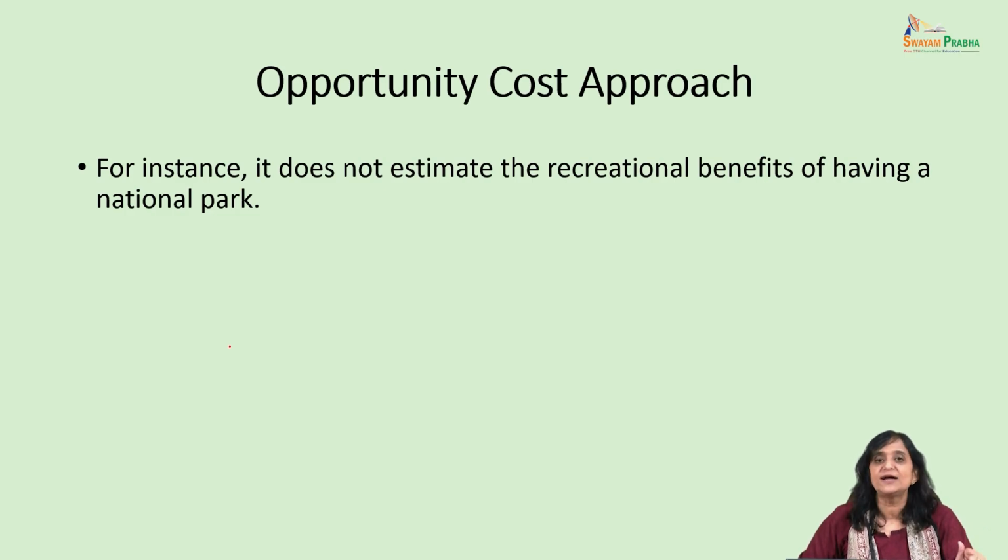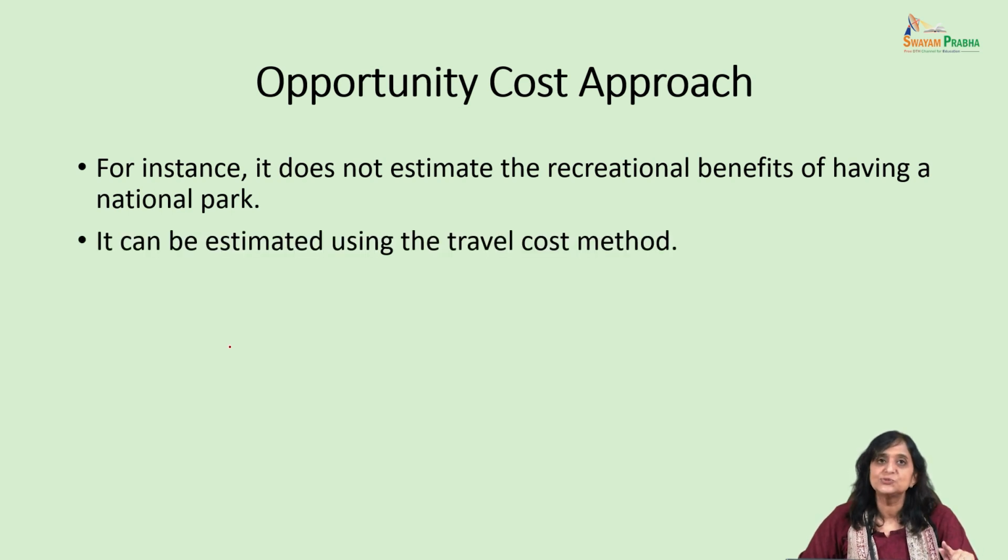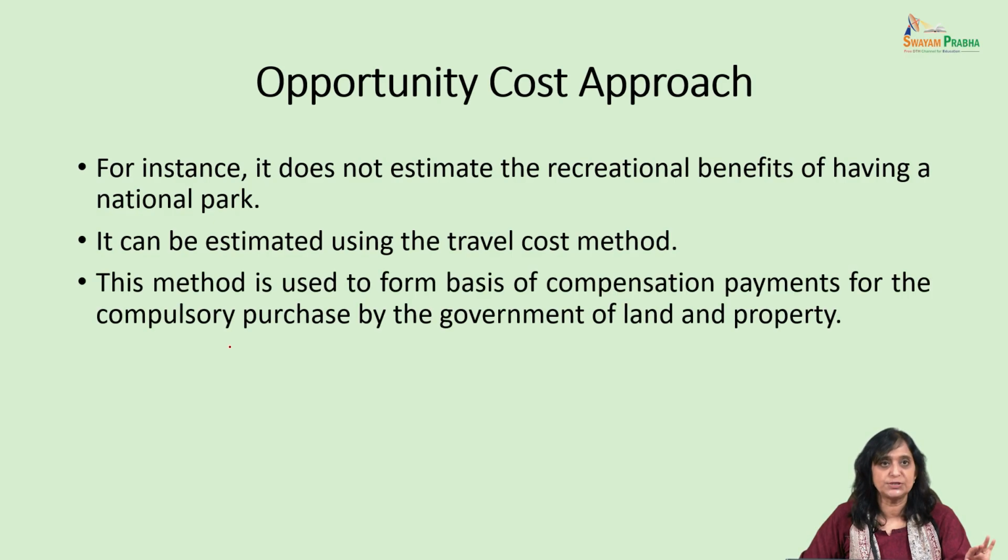Recreation benefits of that national park we had calculated where? We had calculated using the travel cost method. In the opportunity cost method, we are just saying what was the market value of the next best alternative if this forest would not have been conserved for the purpose of a national park. So we are only focusing on the priced uses and not on the non-priced uses.